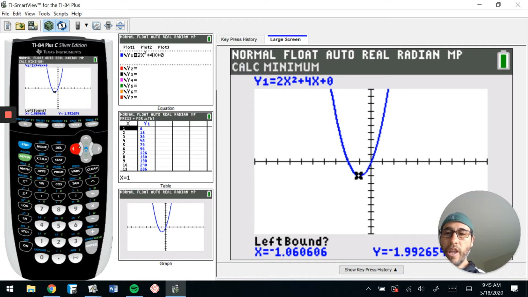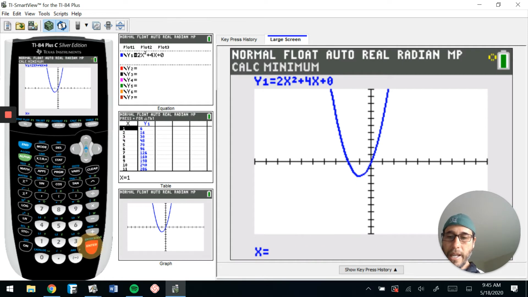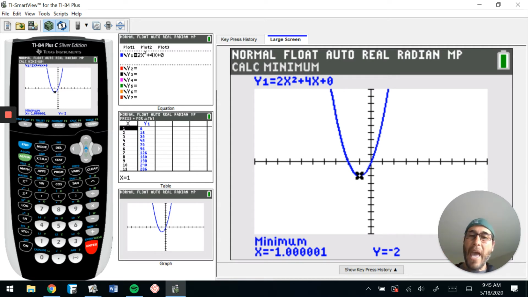So I'm going to go left 2 times of the vertex. And then when it says right bound, I'm going to make sure I go to the right at least 2 times, and enter. And then I enter again. Boom! -1, -2. That's the vertex of my parabola. It has a minimum value of -2. Remember, minimum value is always the y.